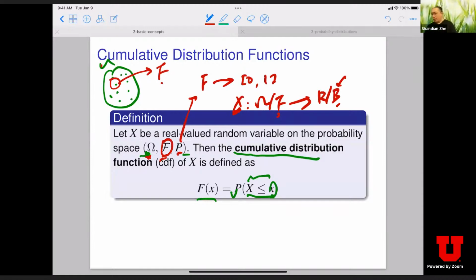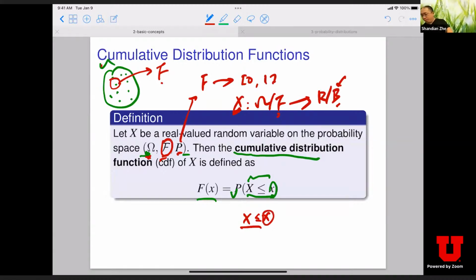For example, for a one-dimensional random variable, that is just a real number. We are particularly interested in a particular type of range: when the output of the random variable is less than or equal to some particular real value, this small x.